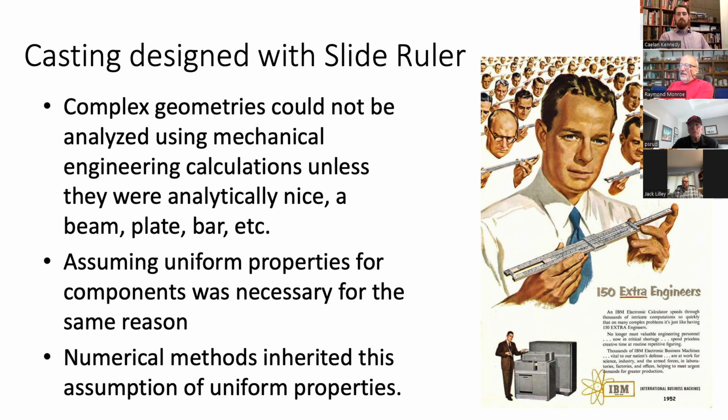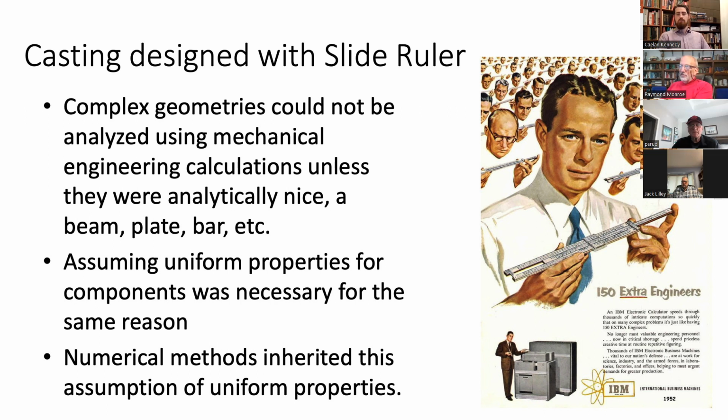Not only that, because he wasn't looking at local properties, he had to assume that you had some minimum level of properties everywhere, not because he thought that was true. He knew that wasn't true. He was used to working with materials with knots in them and castings that had porosity and inclusions. He was used to that.